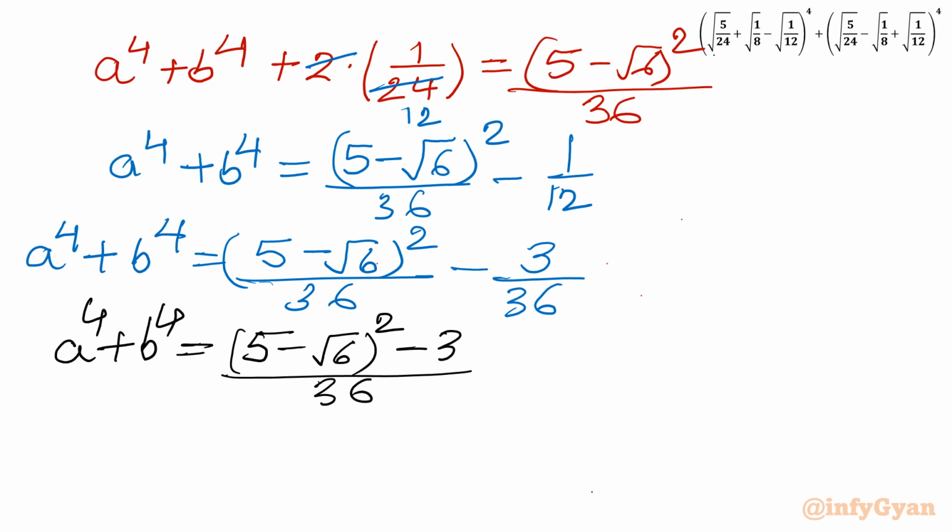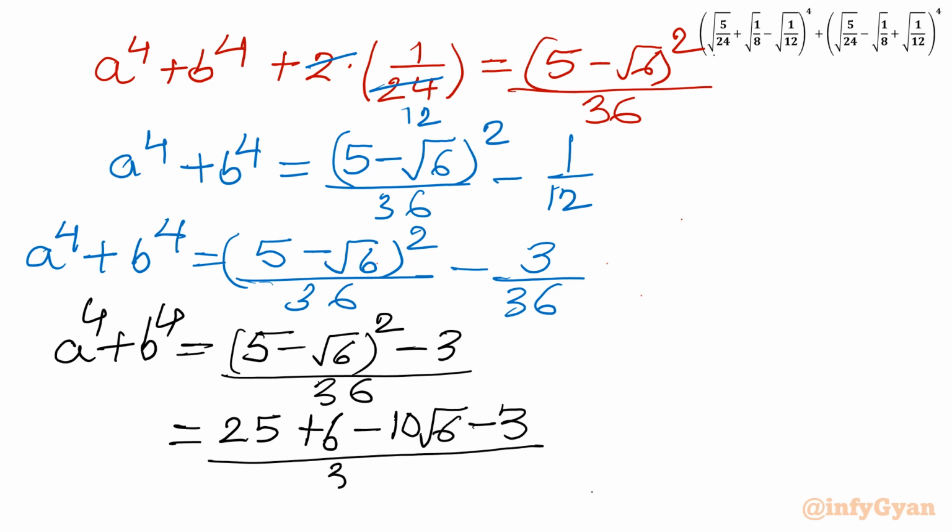Let us simplify a bit. a minus b whole square, so 25 plus root 6 square, so 6, minus 2ab, so 10 root 6, minus 3, divided by 36. 31 minus 3, 28. So I will be writing here a power 4 plus b power 4.